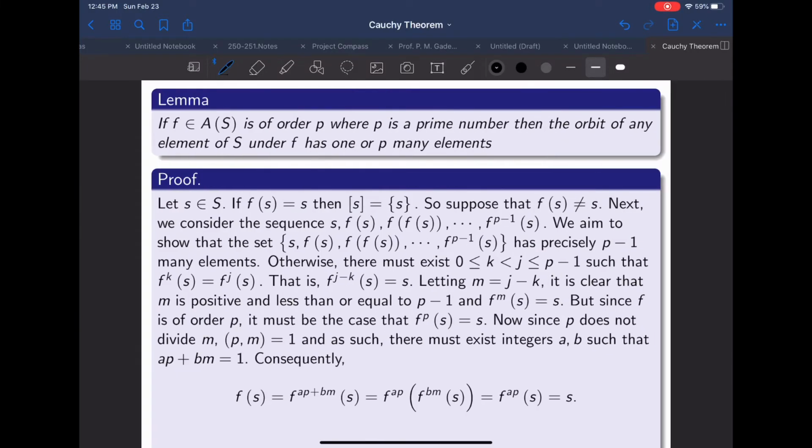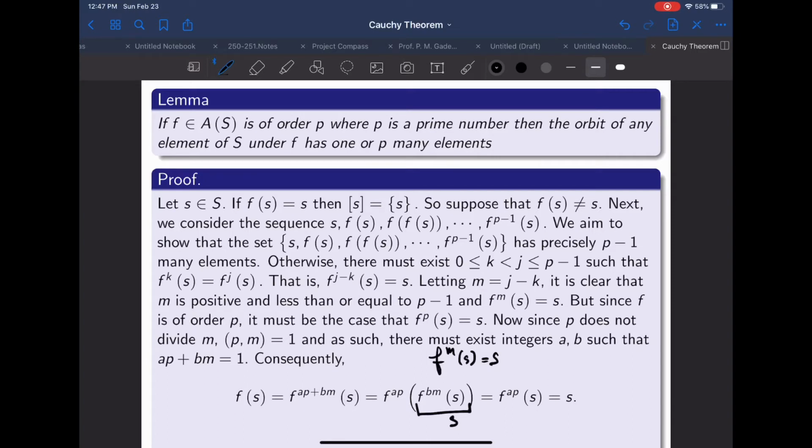All right. Now, what this is saying is you can rewrite f^1 of s as simply f of s, right? But then 1 is ap plus bm, applied to s. Okay, so by assumption we know that f^m of s is s. So this here will be just s.